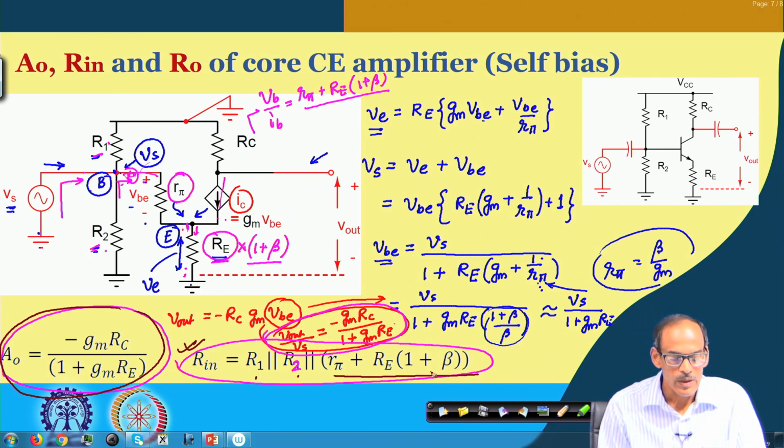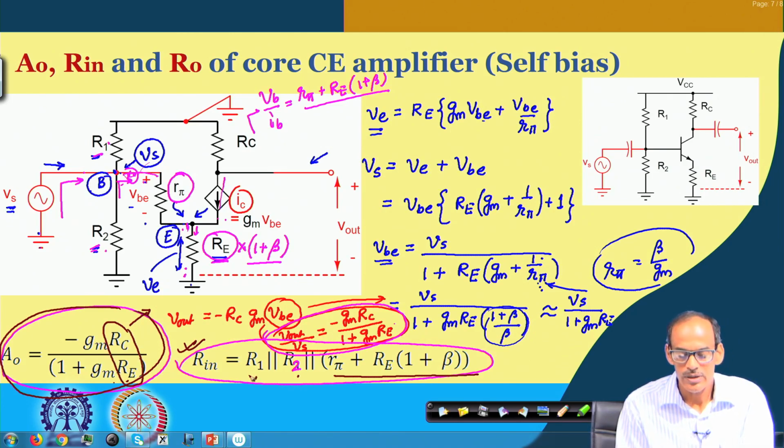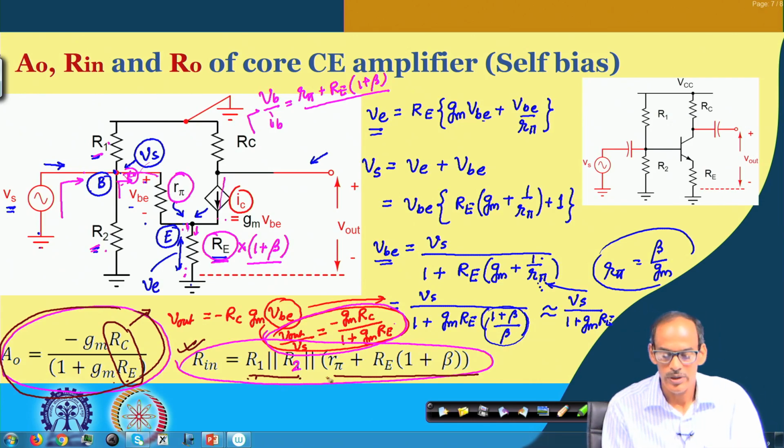And depending on the value of this R e, we may approximate that this gain is given by R c by R e. Likewise, here we can see that R 1 parallel R 2 dominates over this resistance. So, the input resistance may be like this.